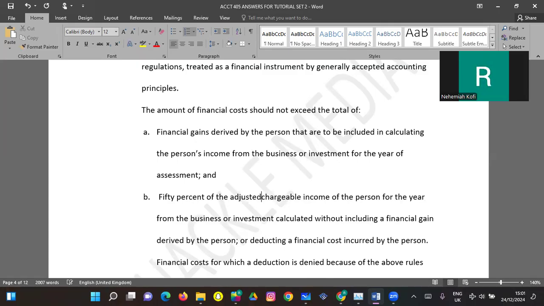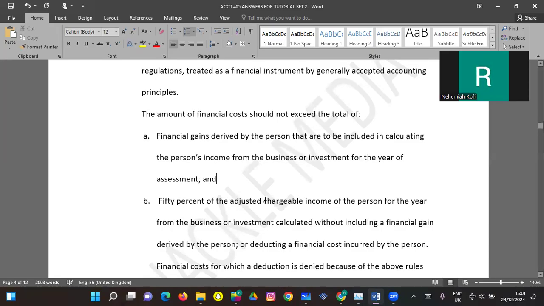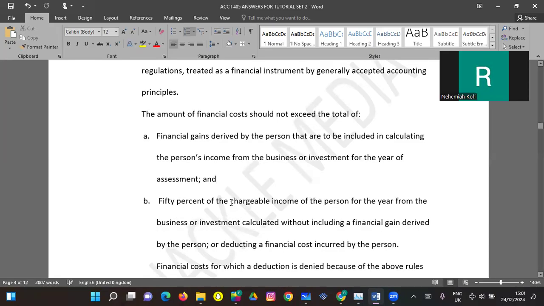That is the chargeable income of the person for the year from the business or investment, calculated without including the financial gain derived by the person and without deducting the financial cost. So that will make it adjusted chargeable income.